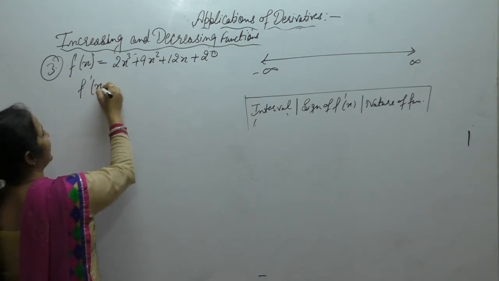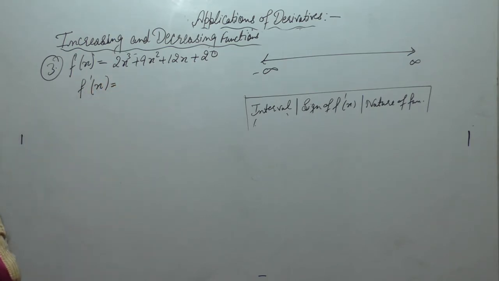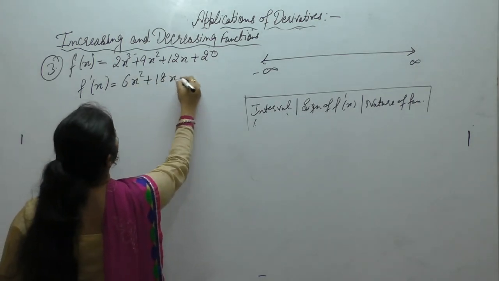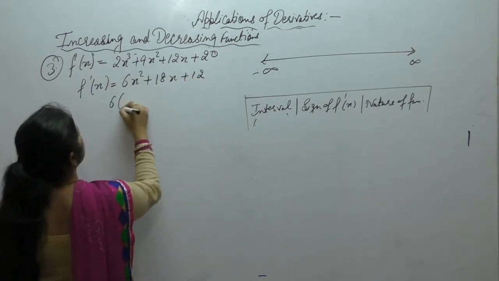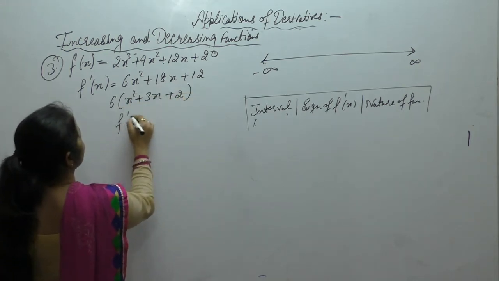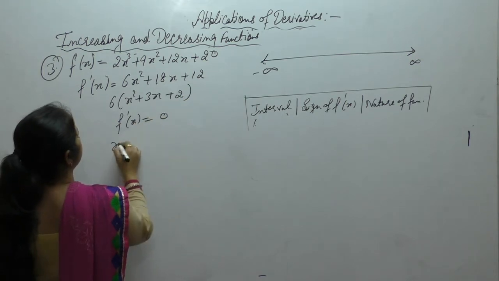First find the derivative. Derivative of 2x cube, 9 into 2, 12. Take 6 common. Now put this derivative equal to 0.